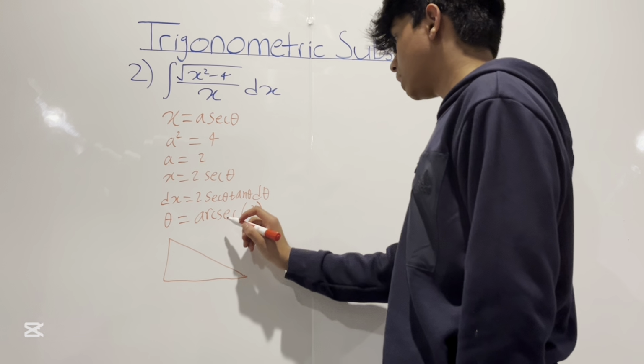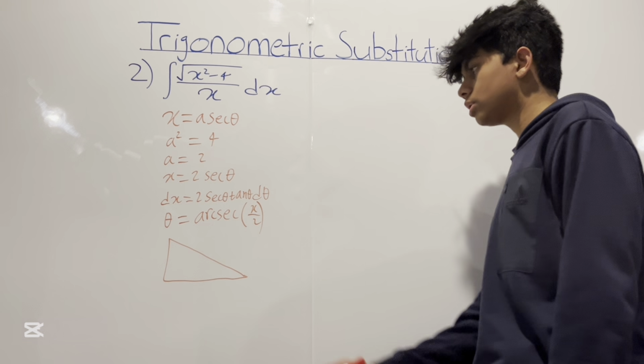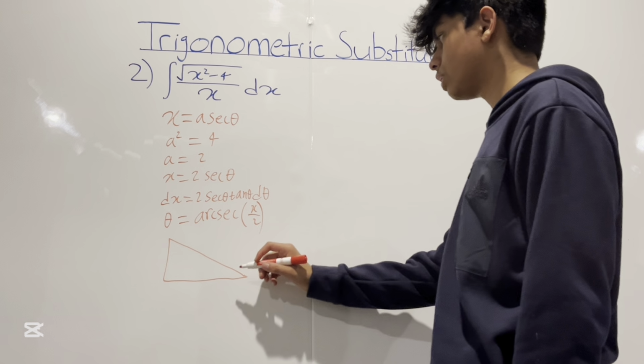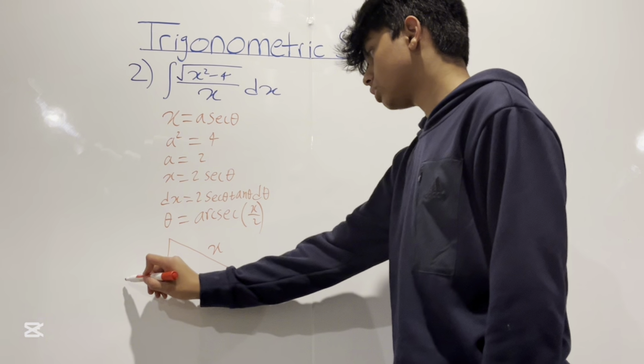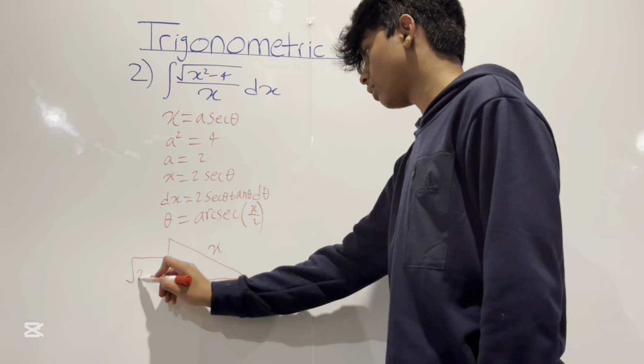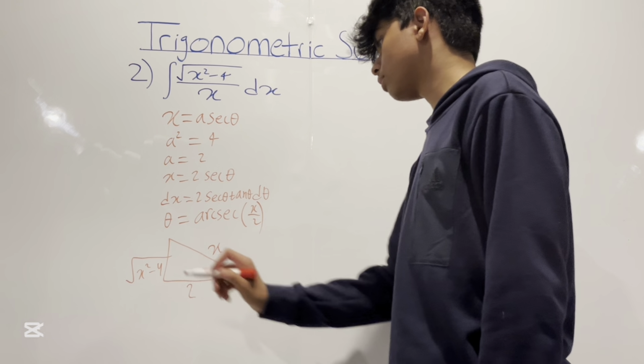Cosine is adjacent over hypotenuse, so secant is hypotenuse over adjacent. So this is x, this is 2, so this is going to be the square root of x squared minus 4.